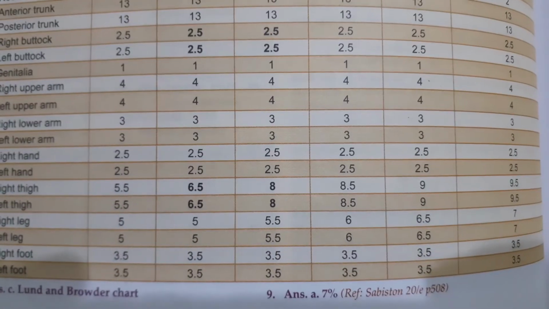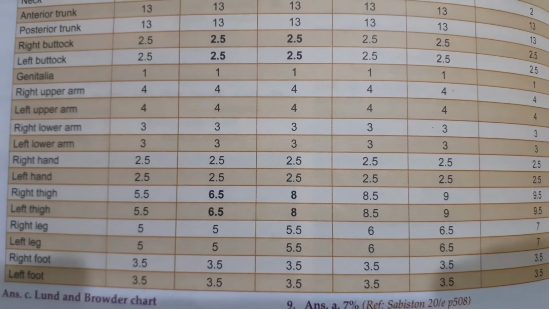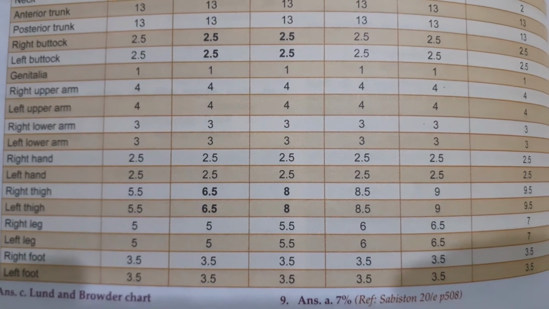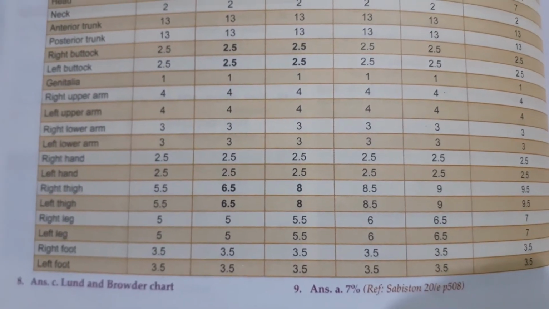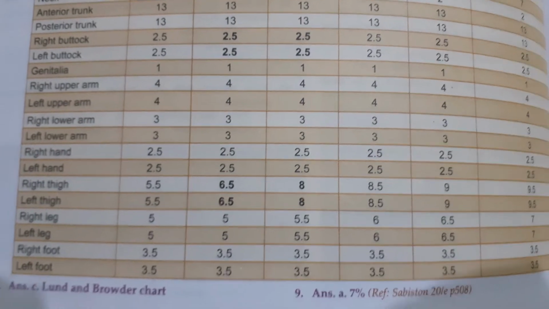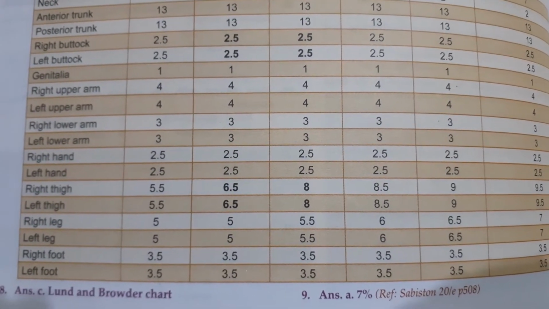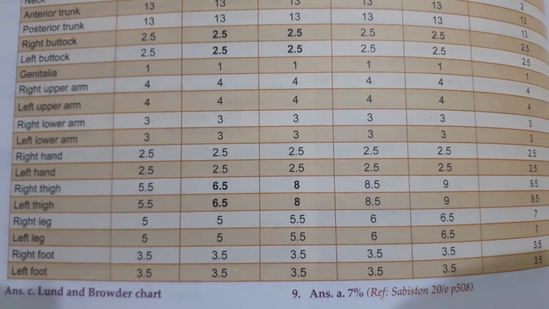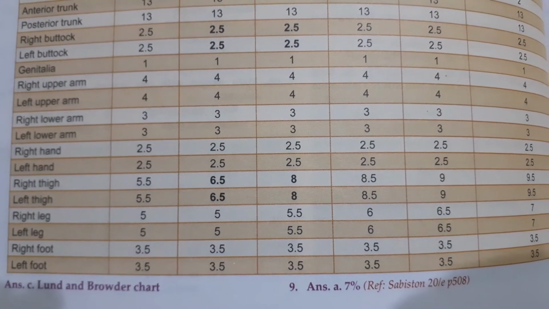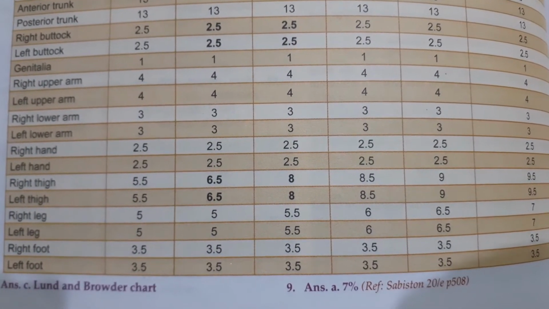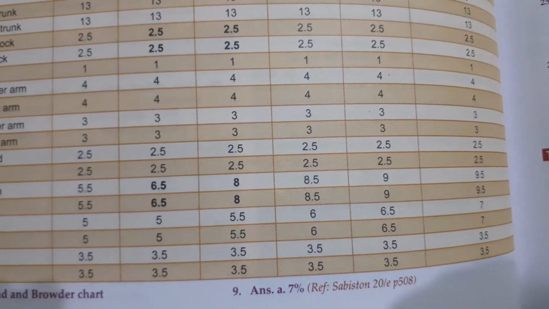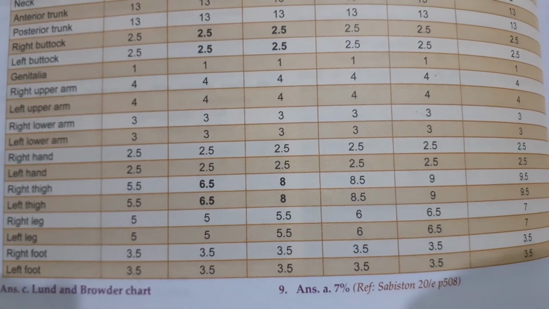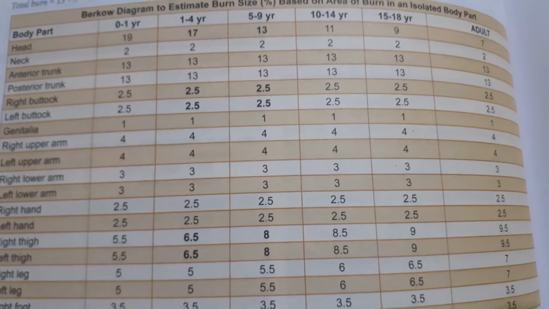right lower arm 3 for all, and right hand 2.5 for all, left hand 2.5 for all, right thigh same 5.5, left thigh 5.5, right leg 5, left leg 5, right foot 3.5, and left foot 3.5 for all.